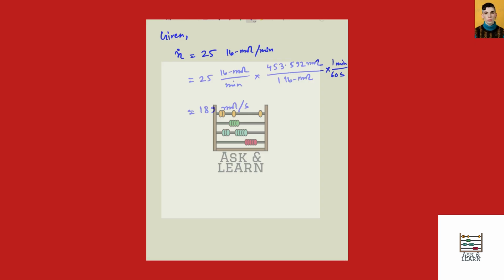Now the volumetric flow rate of vapor can be calculated using the ideal gas law. Let's insert all the values. These are known values. The molar flow rate is 189 mole per second. The gas constant is 0.0821 liter atm per mole per Kelvin.